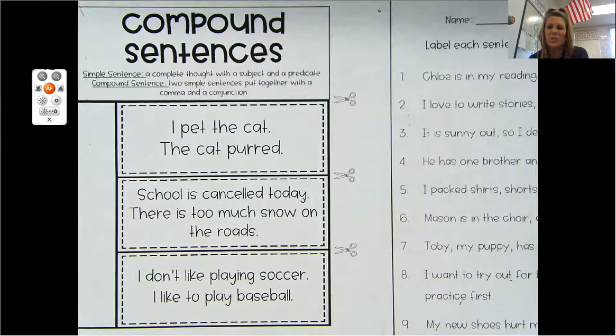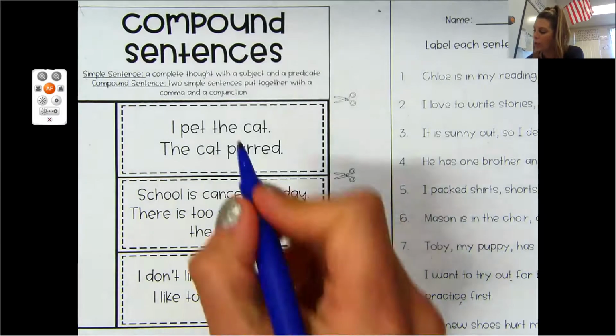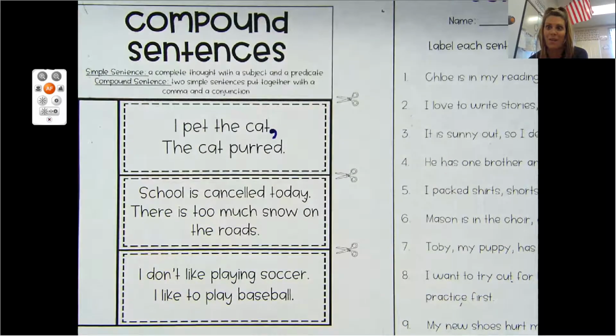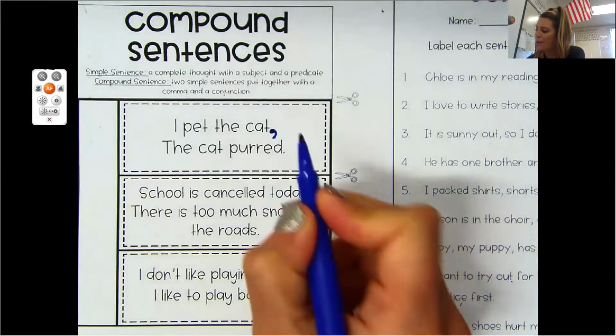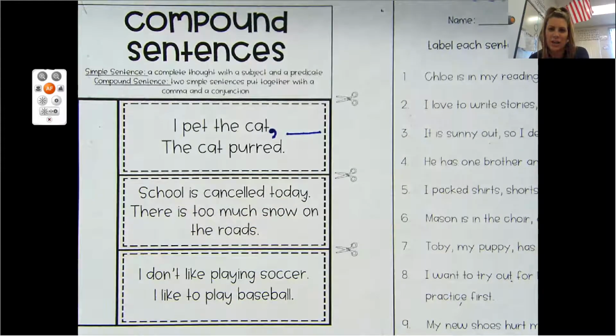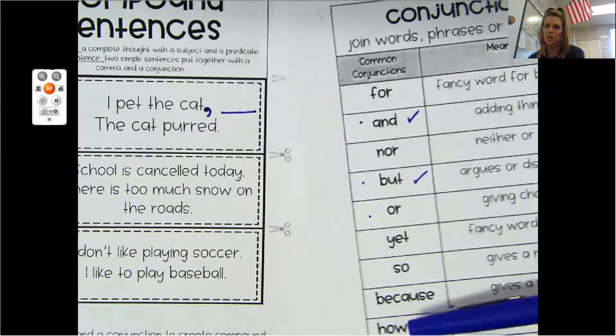And you know what? I think we can just add it right there. We don't even have to write it on the back. I pet the cat. After the first sentence, we always put that what? That comma. And then we need to add that conjunction. So I pet the cat. Here's my list of conjunctions.